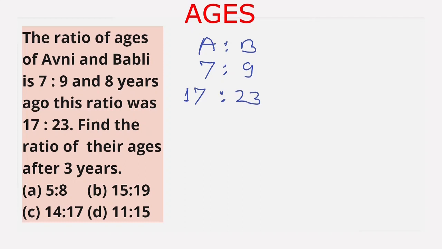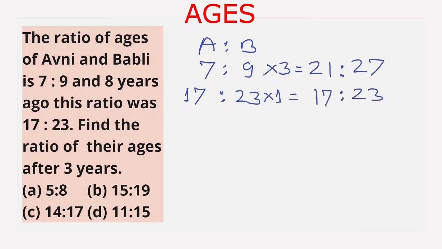So we have to make this difference equal. So we multiply the first ratio by 3. So this is equal to 7 times 3 is 21 and 9 times 3 is 27, and we keep this as it is, 17 and 23.